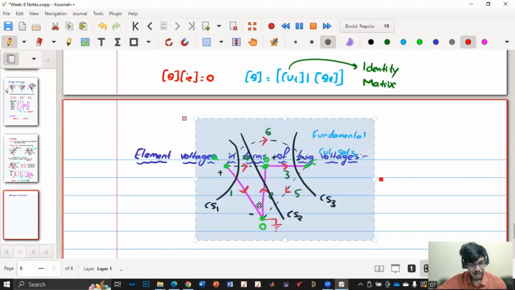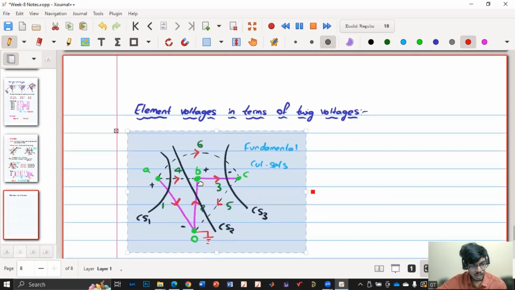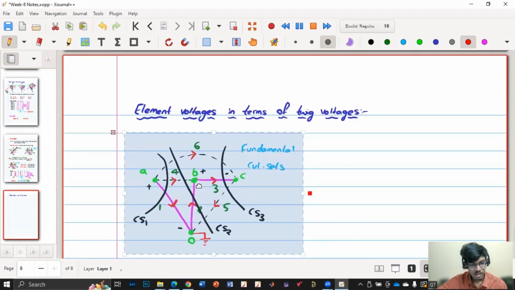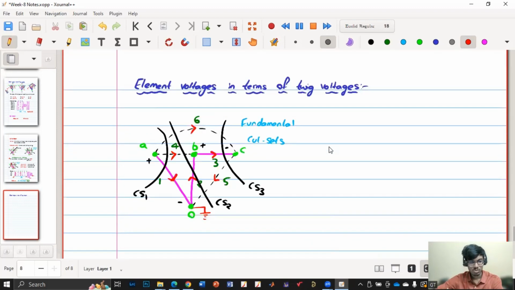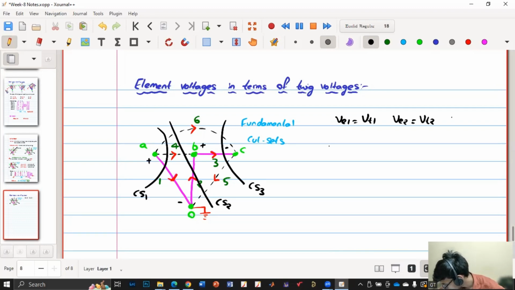Now we are writing the element voltages in terms of twig voltages. The convention is this: we will consider VE1 as the twig voltage VT1, VE2 as VT2, and VE3 as VT3.